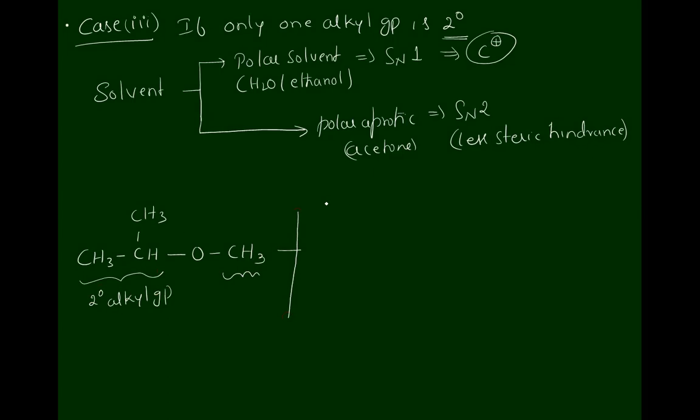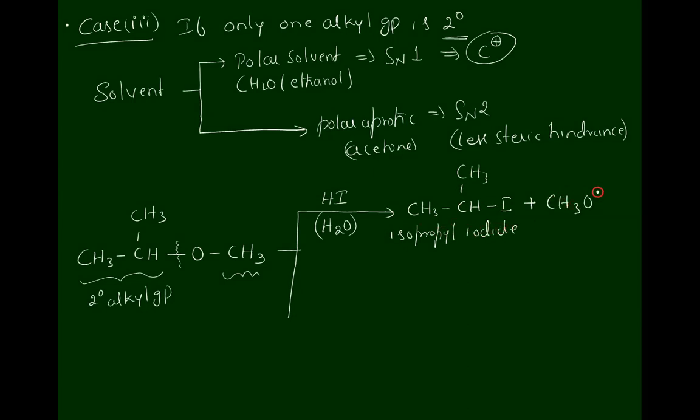When it is treated with hydrogen iodide in the presence of a polar solvent, the bond breaks here. A secondary carbocation is more stable than a normal carbocation. Therefore, we get CH3OH plus isopropyl iodide. Isopropyl iodide is obtained with the formation of CH3OH.